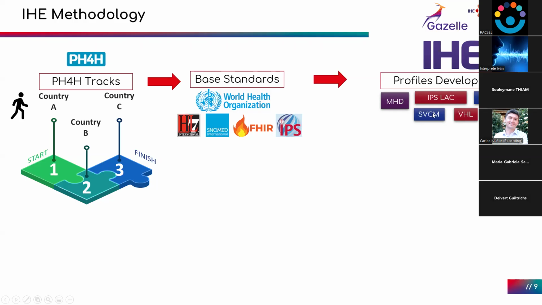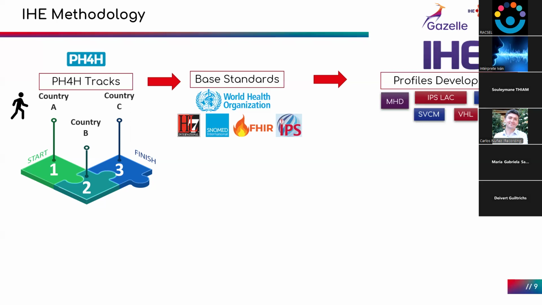Also, we have the SVCM profile for semantic interoperability, the VHL to share the patient summary by using a QR code from country A to country B. And also PDQM, another IHE profile to retrieve the patient demographic information from the master patient index. So these profiles are created for this project to cover both tracks provided by PH4H.